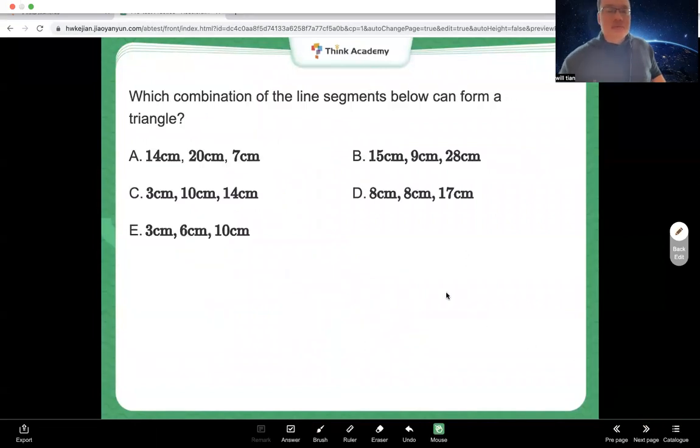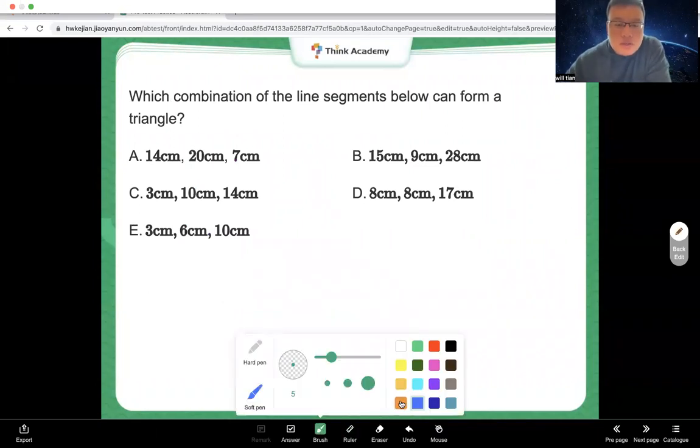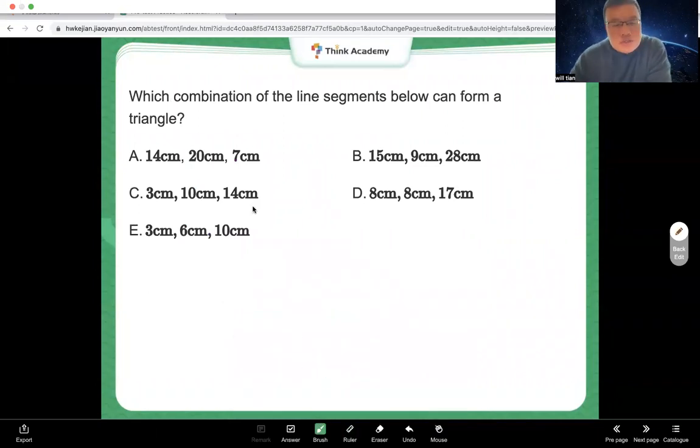Okay, next one. Which combination of the line segments below can form a triangle? Easy question. You just choose the two smaller ones and add them together. That should be longer than the third one, right? So let's see. It says can form. 7 plus 14 equals 21.